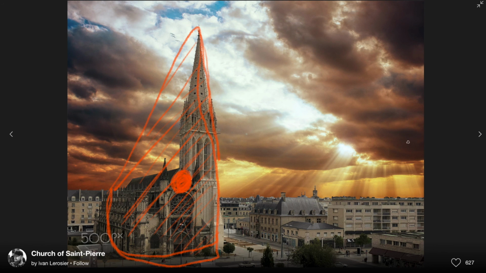What the photographer is trying to say is kind of like this, because all these rays of light shining upon the city tell us that this church is the reason for that. This is the point of the photographer, I believe.